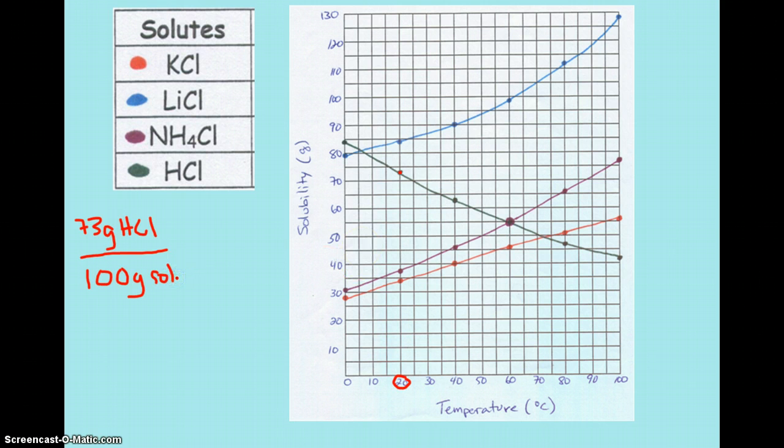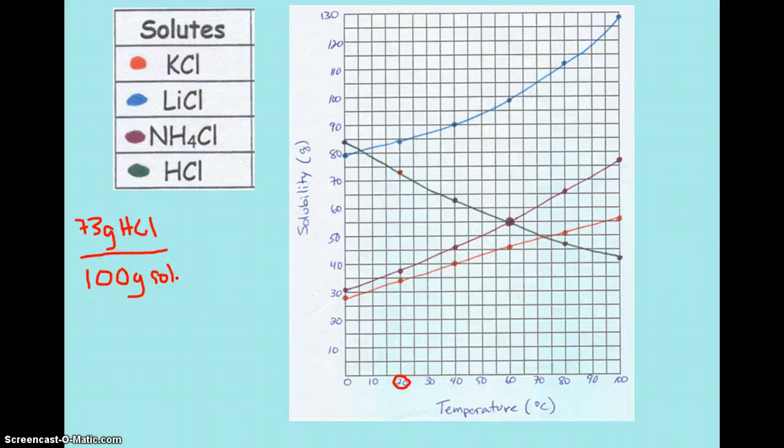Close enough. Well, if I only want 50 grams of solution, then your brain should hopefully logically say that's half. So instead of 73 grams of HCl, I only need half of that, 36.5. And you are correct.